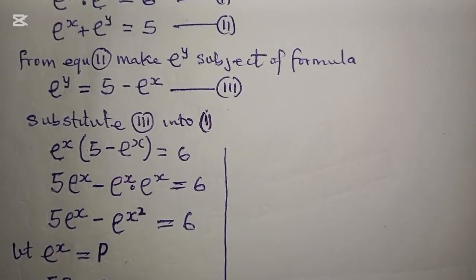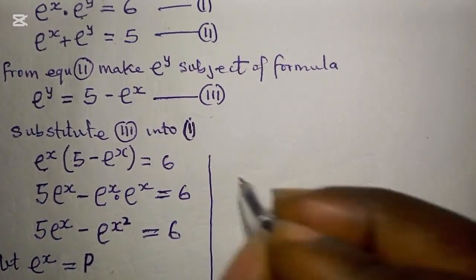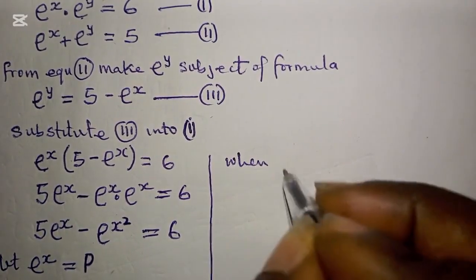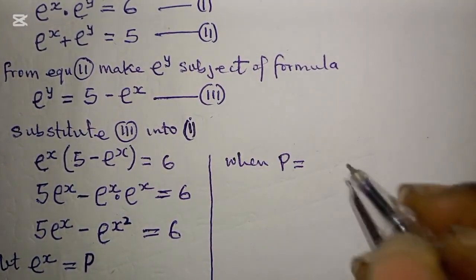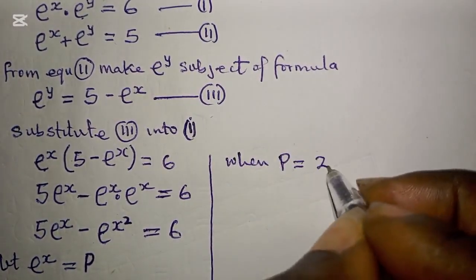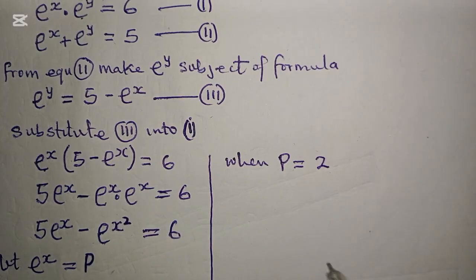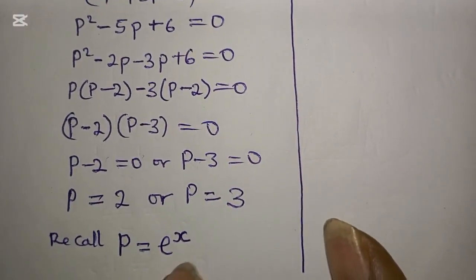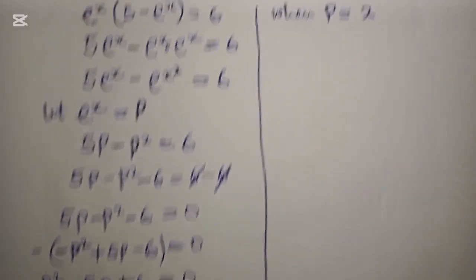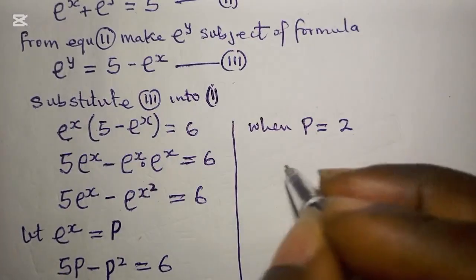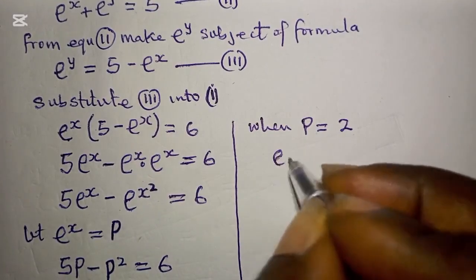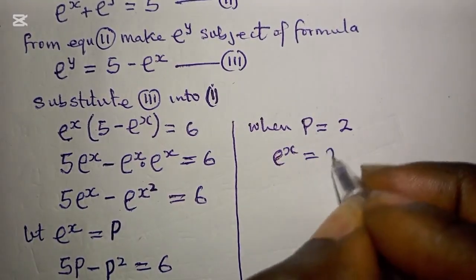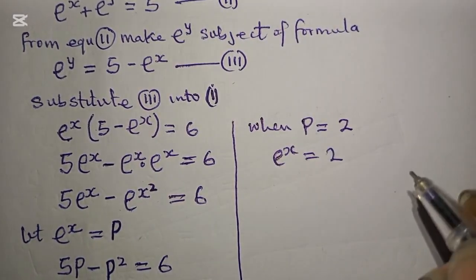When p is equal to 2, since p is e raised to the power of x, we have e raised to the power of x equals 2.